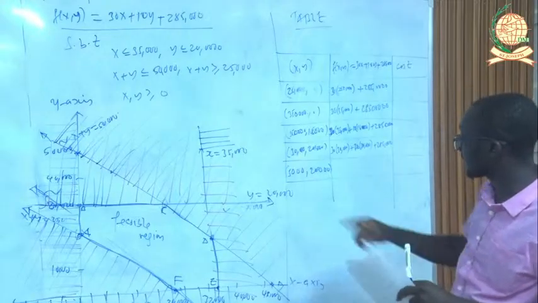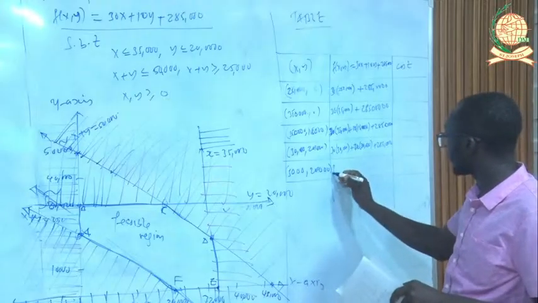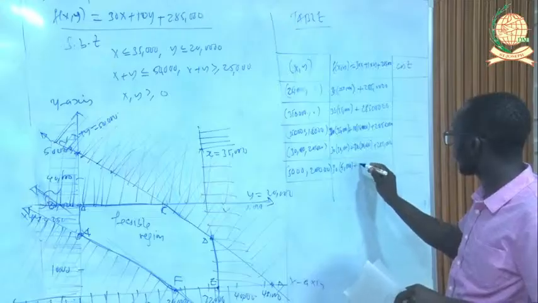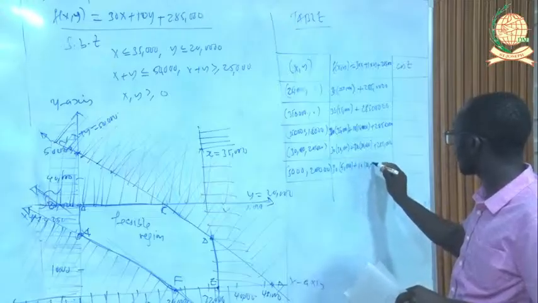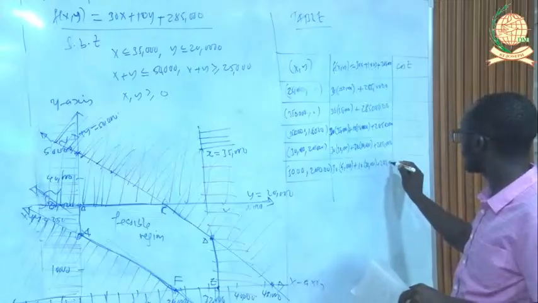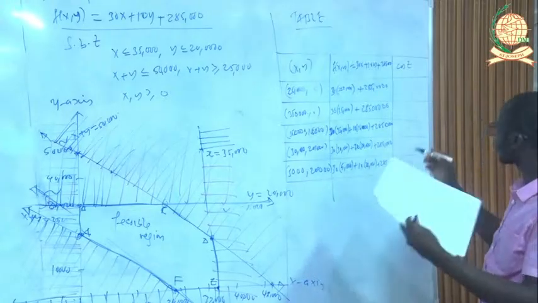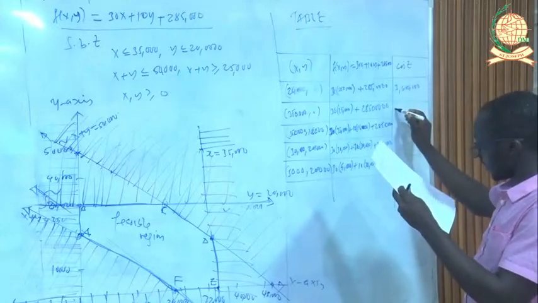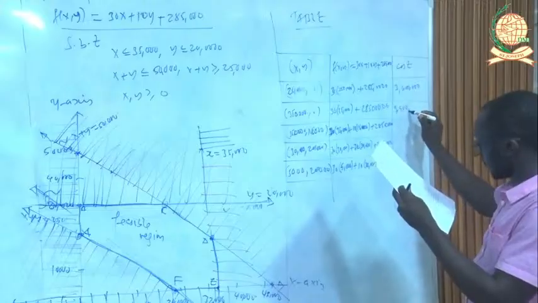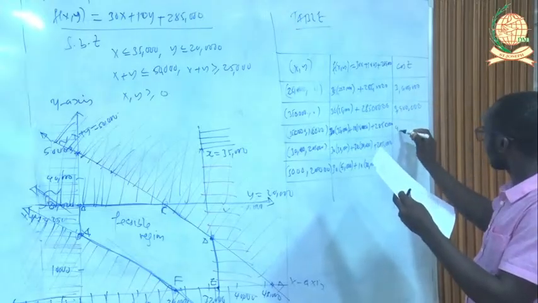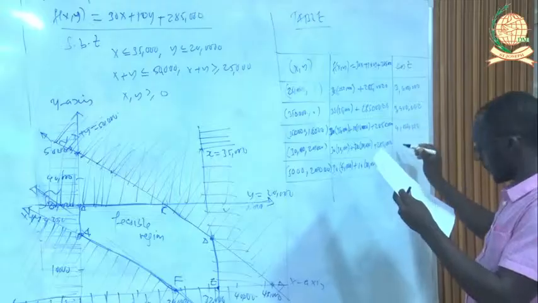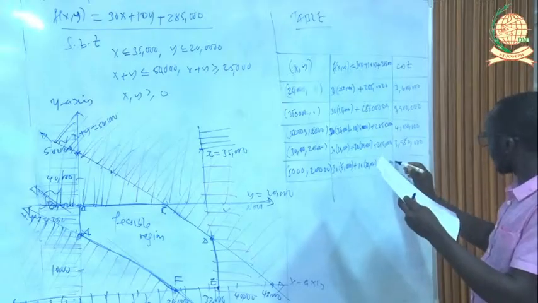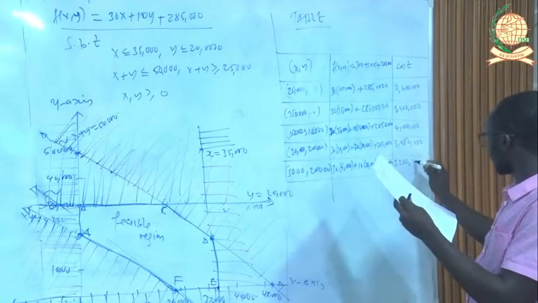And again, lastly, the value of x is 5,000, so it is 30 times 5,000 plus 10 times y, which is 20,000 plus 285,000. Then the outputs are going to be 3,600,000, then 3,900,000, then 4,050,000, then 3,950,000, and then 3,200,000.